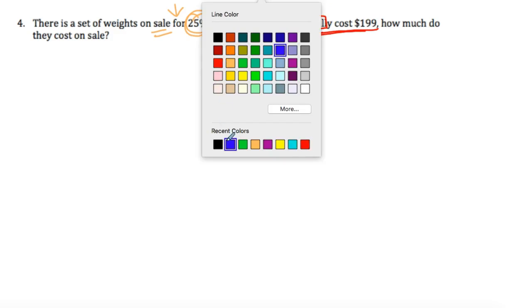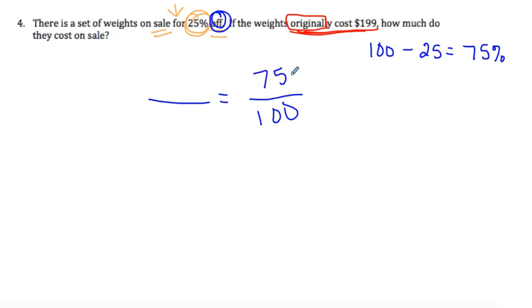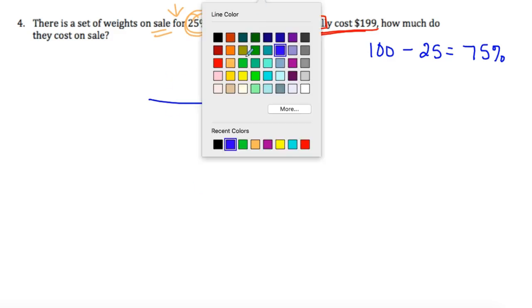So as I set up my proportions, if this is my percentage going down, I'm not only paying 25%, I'm taking 25% off. So normally it's 100%, I'm taking 25% off. That means I'm paying 75% of the price. If it's 25% off, you still have to pay the other 75%. That's why there's a 75% there.